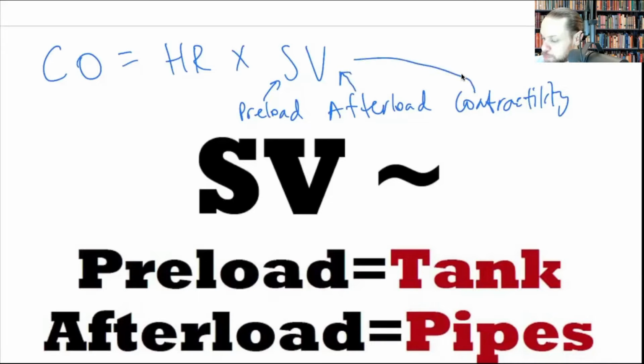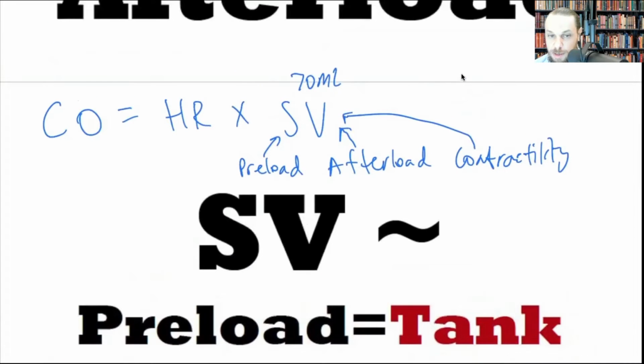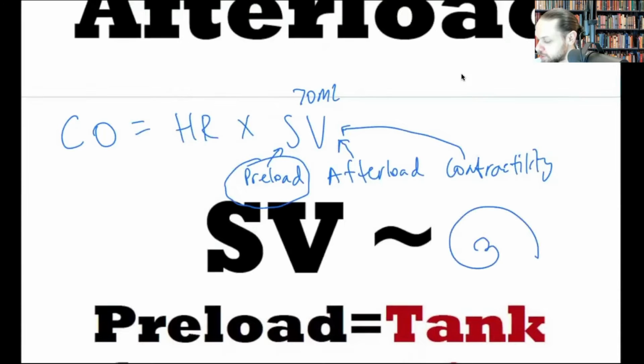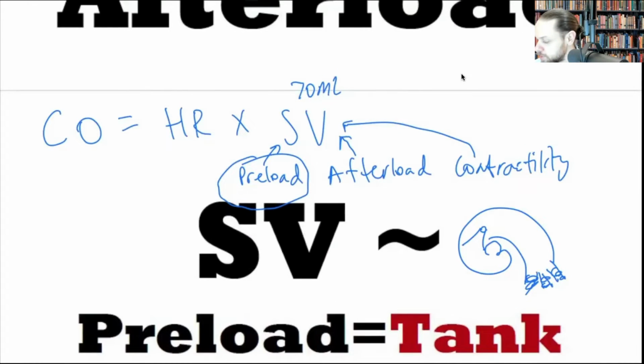So how much blood, we said normally is about 70 ml. How much of that 70 ml will come out is how much came in from the right heart, the preload. Then the amount of afterload, how much resistance, how much of this vasoconstriction I have to overcome for the aortic valve to open in order to pump the blood out.